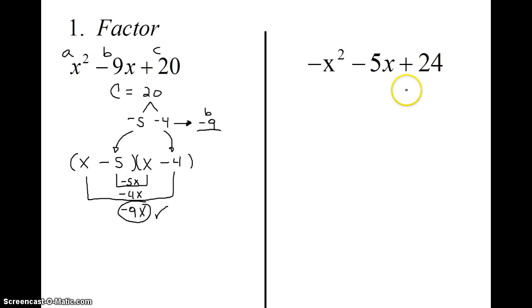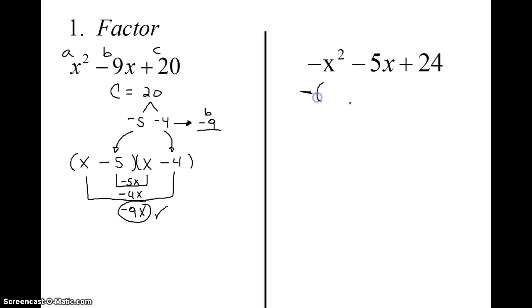So let's try the next one. Now when you factor trinomials, notice that a is 1 for this video, and we do have a negative for a. When you want to factor trinomials, we don't want a negative for a. So when you see a negative in front of the x squared, first factor out the negative. So here's my negative.